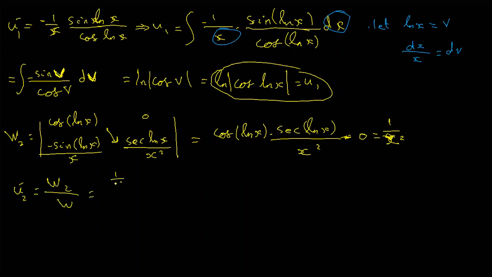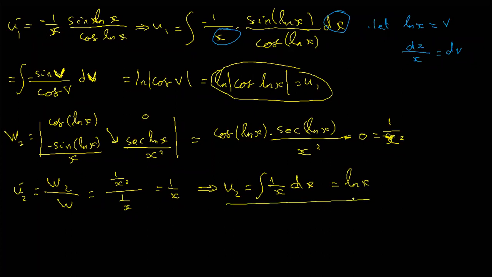Where is my w? It's 1 over x. Simplifying, it will equal 1 over x. So your u2, the integral of 1 over x dx, is ln x.